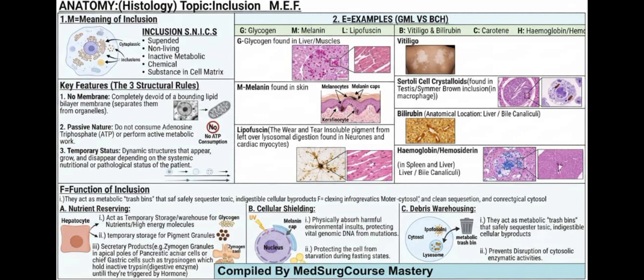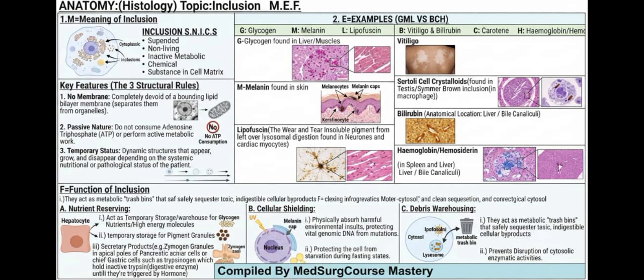Now, for the function of inclusion, you use another wonderful mnemonic, NDC. So N for nutrient reserving, D for debris warehousing, and C for cellular shielding.